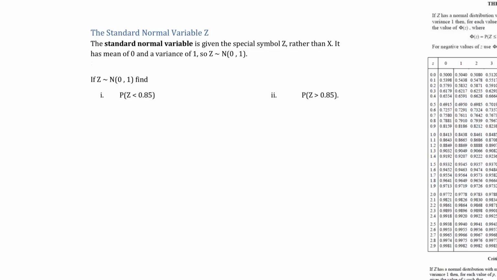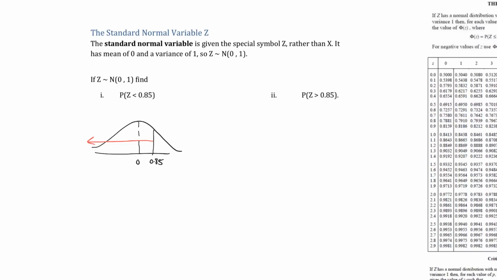So your normal distribution curve would look something like this, where your mean is 0, this value is 0.85, and you want to find the probability of z less than 0.85, which means you need to find the body area.